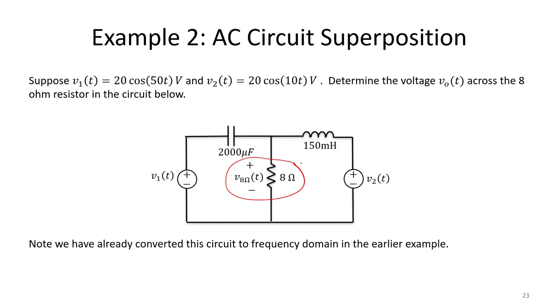So in this case, we have two sources. Notice they are operating at different frequencies, but we can still use superposition in order to determine the combined effect of the two sources on our 8 ohm resistor. Let's go ahead and apply our superposition procedure and see how this works.